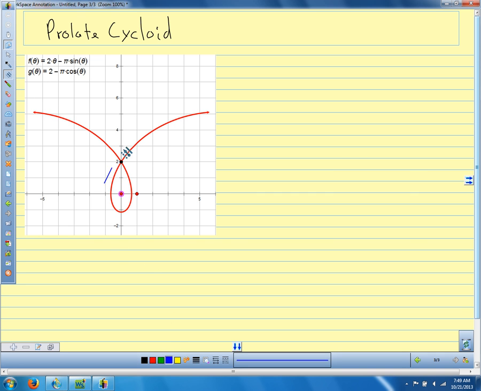One, try to get one there, and one like so. It's going to have two tangent lines at that point. These are the parametric equations for this prolate cycloid. So it turns out that this point, 0, 2 corresponds to theta equals pi over 2, plus and minus pi over 2.